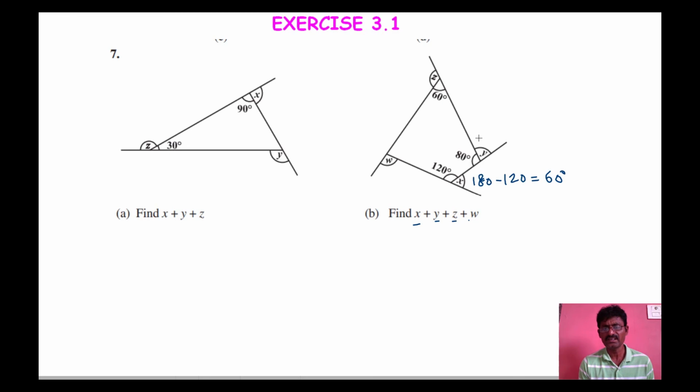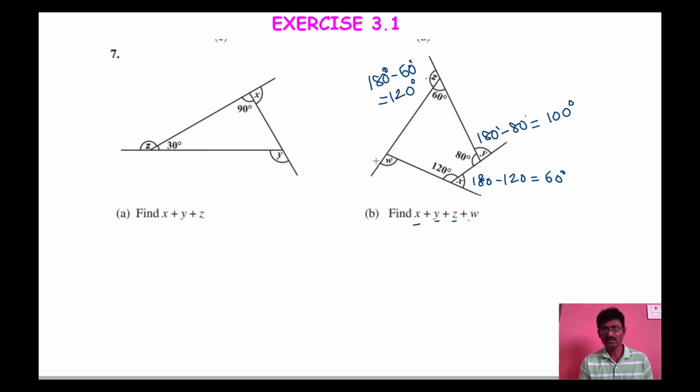One angle is 80, then the other angle will be 180 minus 80, which is equal to 100 degrees. Then z. Here z and 60 are linear pair. Sum of z and 60 is 180 degrees. So z equal to 180 degrees minus 60 degrees, which is equal to 120 degrees.